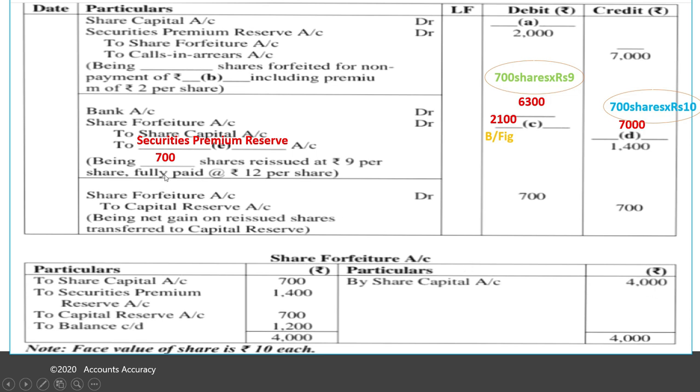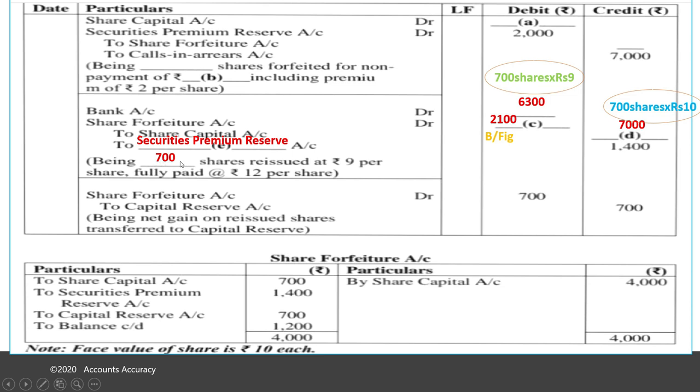That means on 700, how much will be the forfeited value? 4,000 divided by 1,000 shares, we get to know that 4 rupees per share was forfeited. So on 700 shares, rupees 4 per share has been forfeited. That means 7 4s are 28, so 2800 is the money which got forfeited on 700 shares.